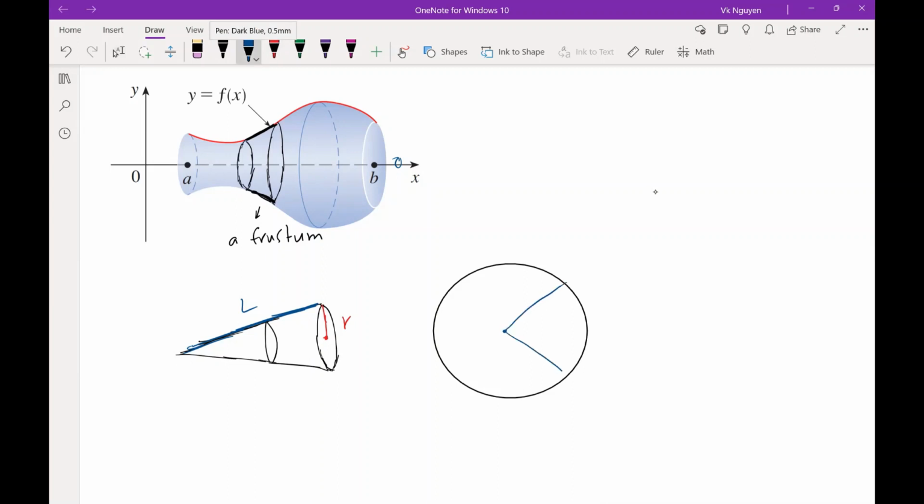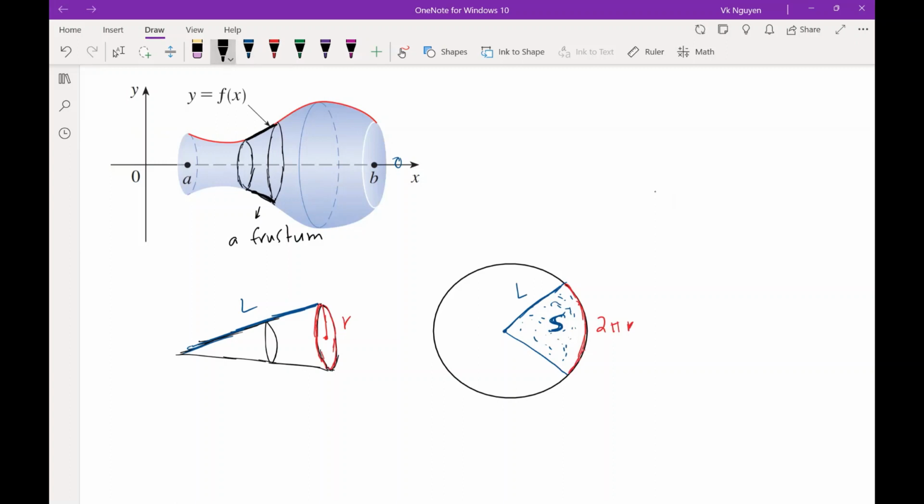You're going to have some area like this. This is the surface area of the cone here. I'm going to call it S. The radius is L, and this part right here, which is the circumference of the base of the cone, is exactly this arc length, 2 pi r.